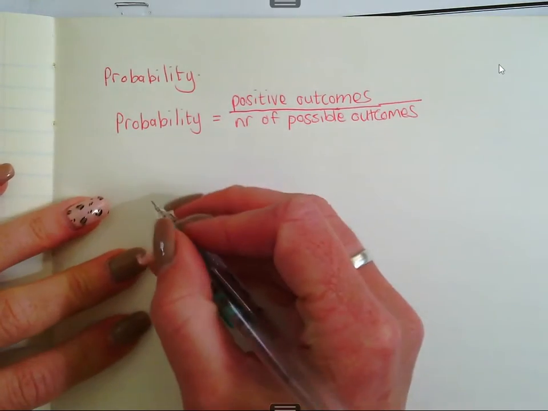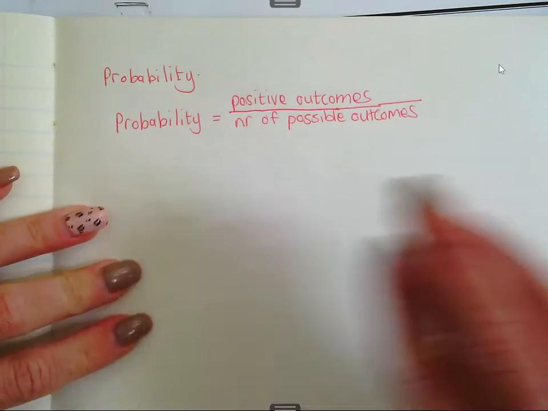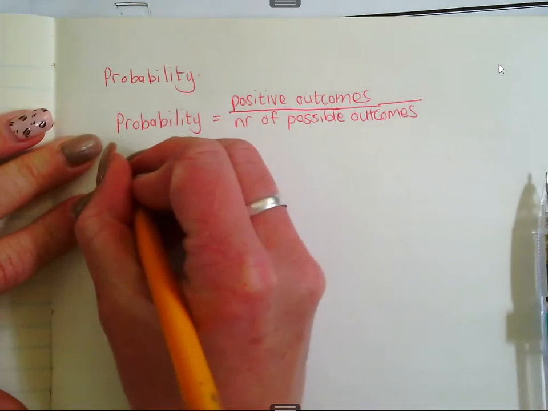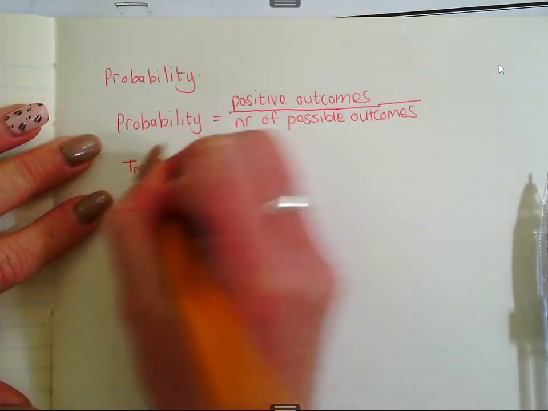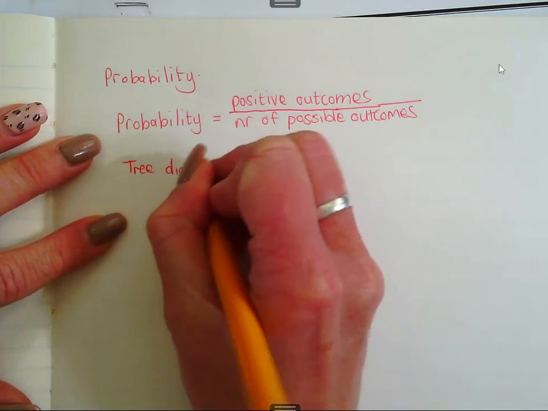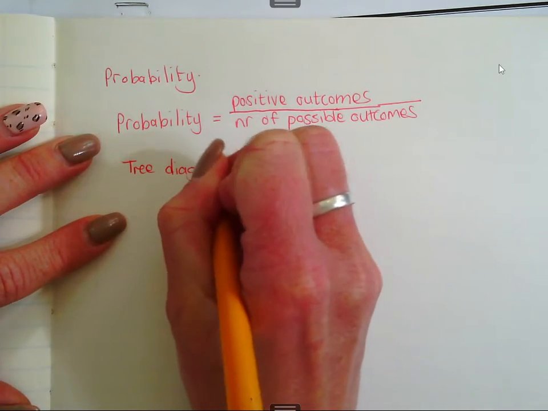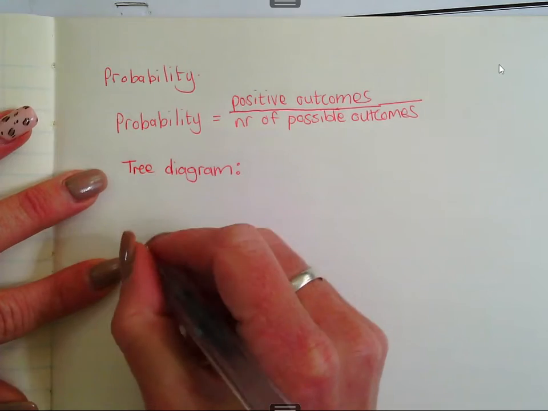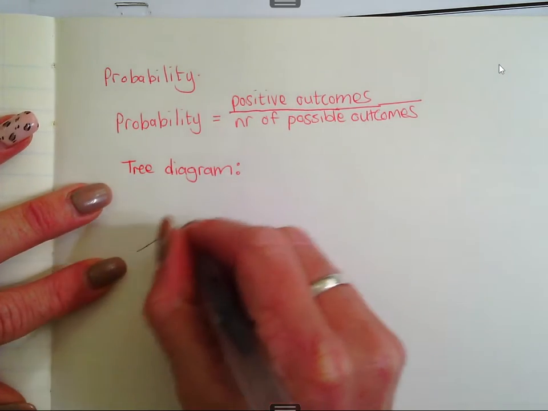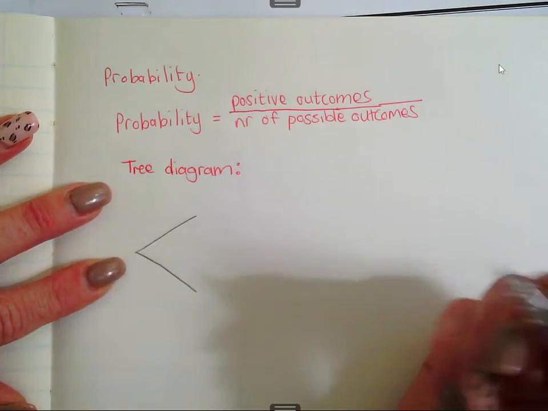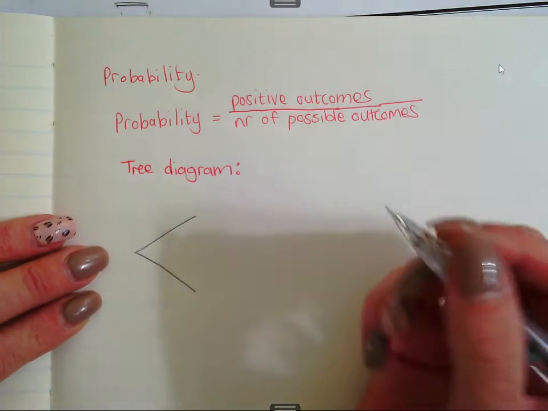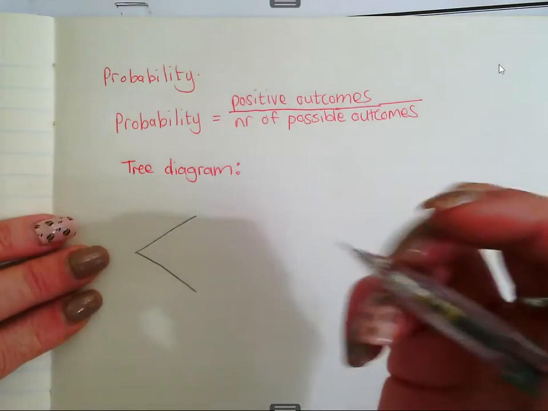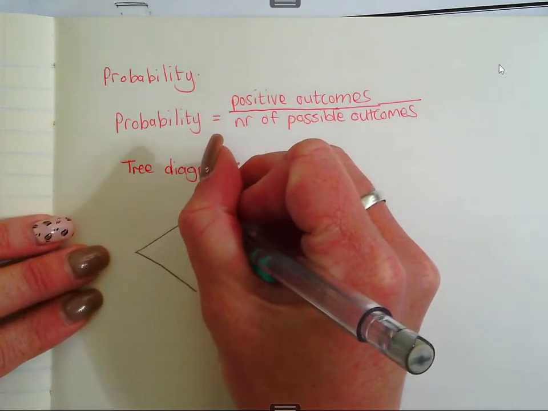Do you know what a tree diagram looks like? Let's just write tree diagram so that when you study you know this is a tree diagram. So we're going to take the coin first. We've got 2 outcomes, right? What can the 2 outcomes be when I flip a coin?